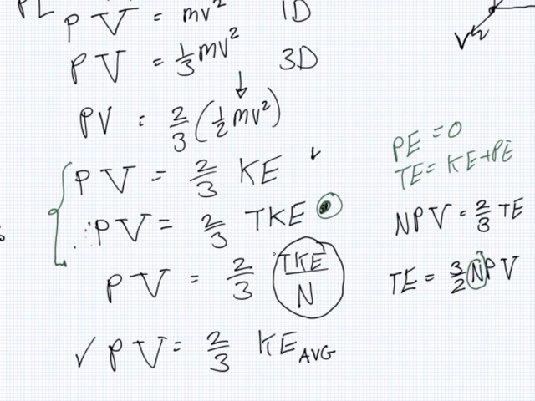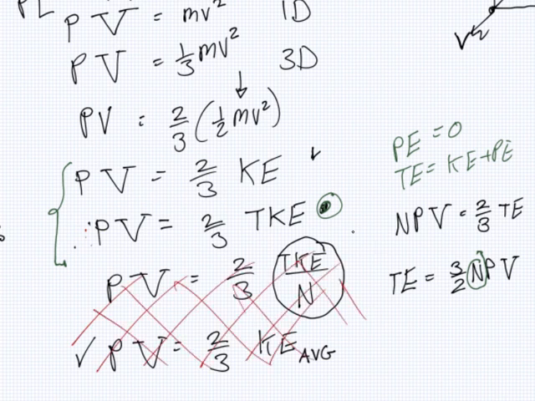So that changes this a little bit. But actually I don't care about this. Delete that and instead just go straight to here. No N anymore. And you know what the stupid thing is?